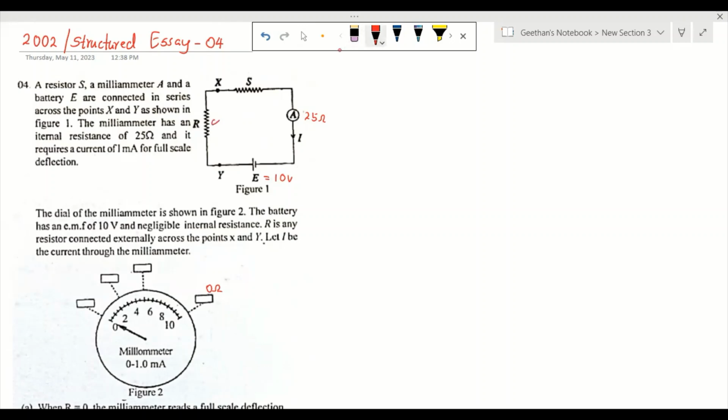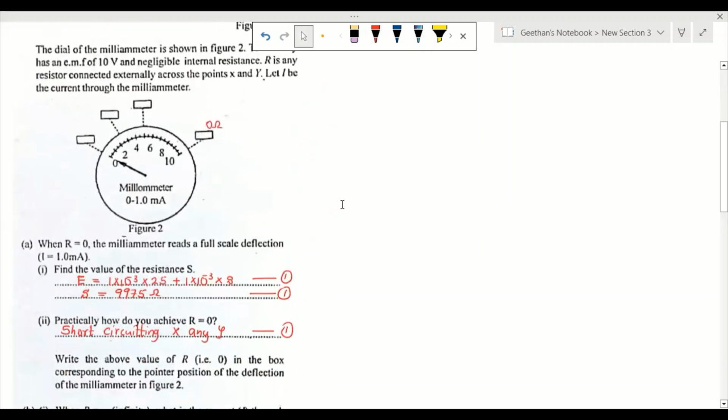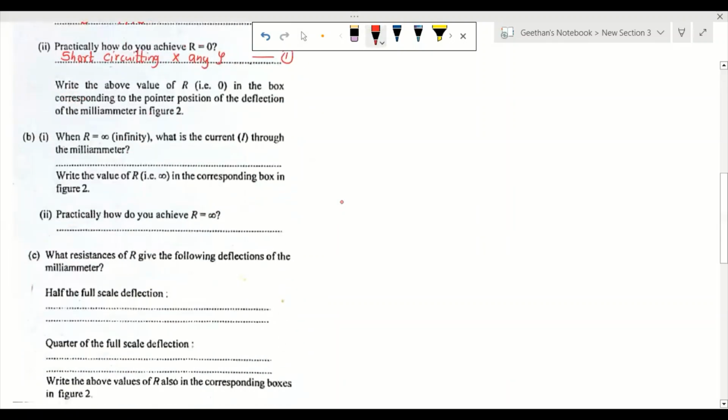When this is infinite, the current is going to be 0 because there's no current through an infinite resistor. So we can write down 0, and you'll be getting 1 mark.